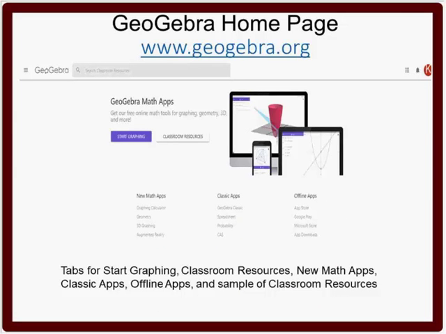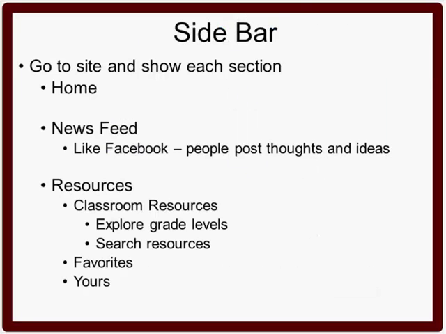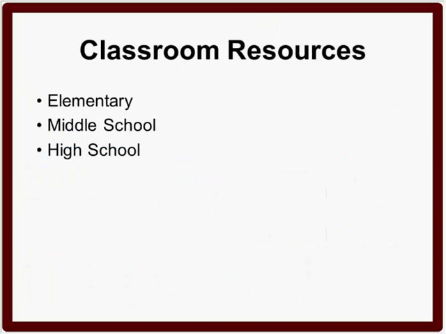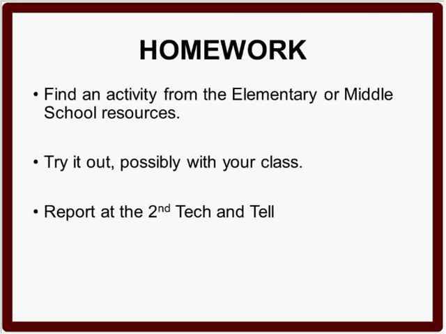And I'm just going to zip through these because we've already done all of this. Okay. All right. So, for homework, what I'd like you to do is to go through some of these activities. Look at the activities, especially in the elementary or middle school resources.